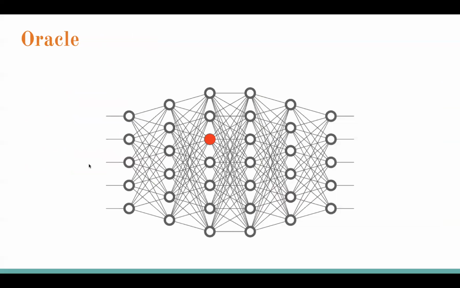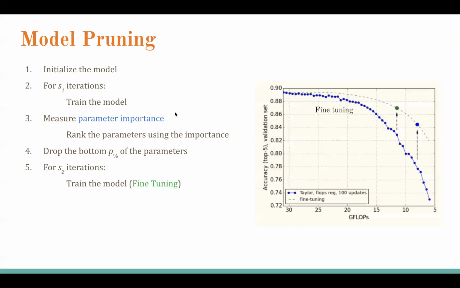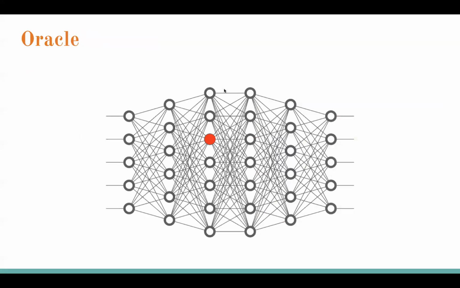So now the question is, how do you find parameter importance? One trivial way would be to do what is called an oracle. You take a network, you remove one parameter, and then you measure the performance. Say on a validation set you run inference on all of it.